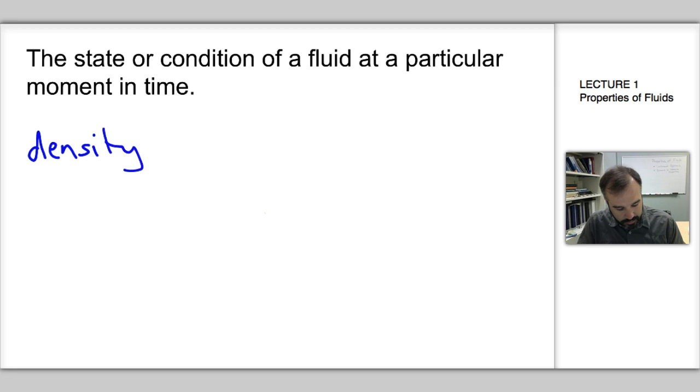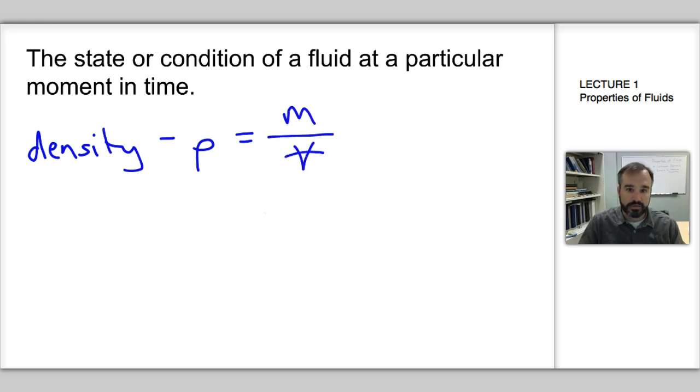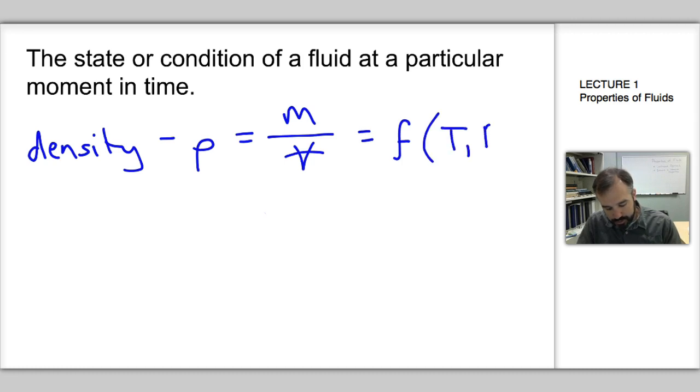Density, given by the Greek symbol rho, is equal to mass over volume, where I do a cross through the V to indicate volume as opposed to V for velocity, which we'll use later in the semester. And it is some function of temperature and pressure. There are some other things that come in, like salinity, that if we add mass to a fluid, the density can go up. But for now, if we're not adding something else, the density is a function of temperature and pressure.